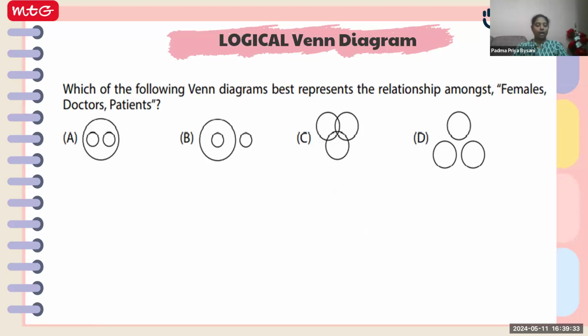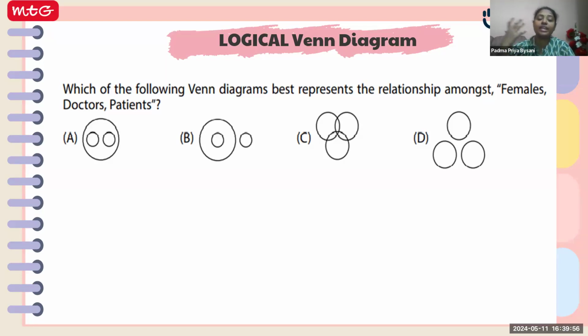This is one important question, one important topic for higher grades: logical Venn diagram. Everything cannot be picturized in every situation. Every term or every word of vocabulary that you learn in English has a meaning.